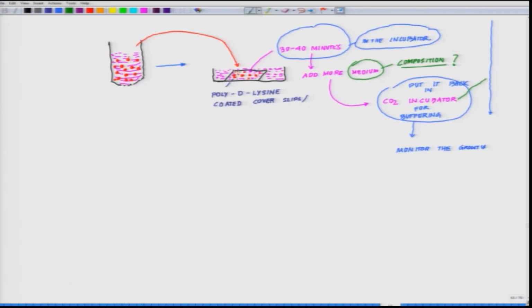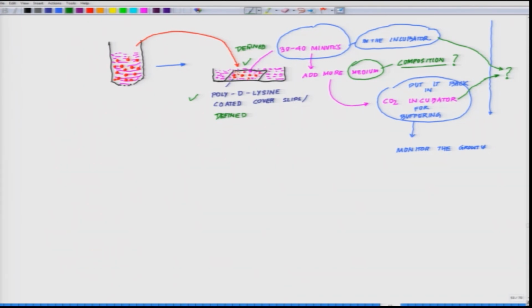The CO2 incubator fundamental concept in terms of the buffering I haven't told you, but I have told you about the substrate and how you are isolating the cell. So, I have defined two things. If you look carefully, this is all defined and this part is defined.